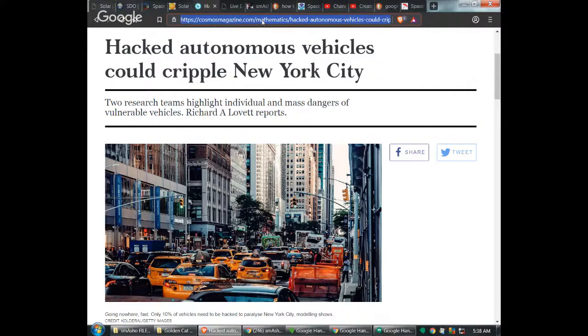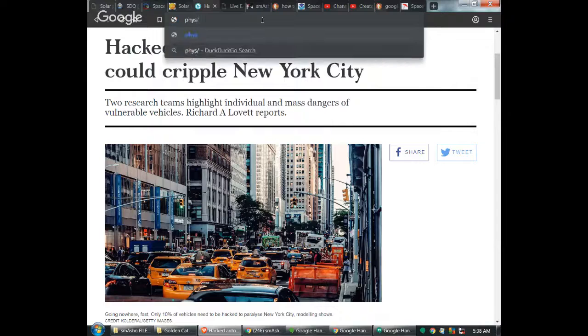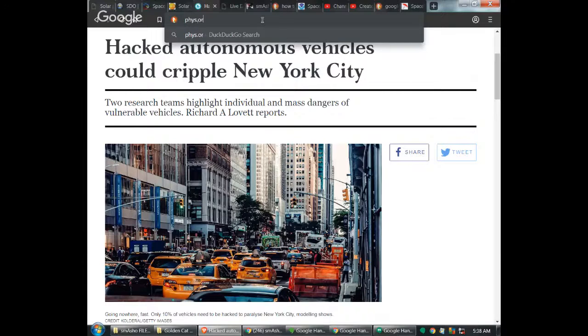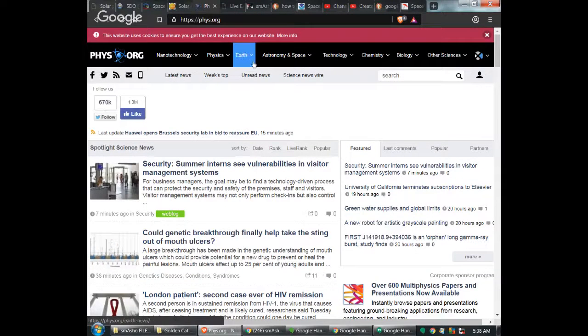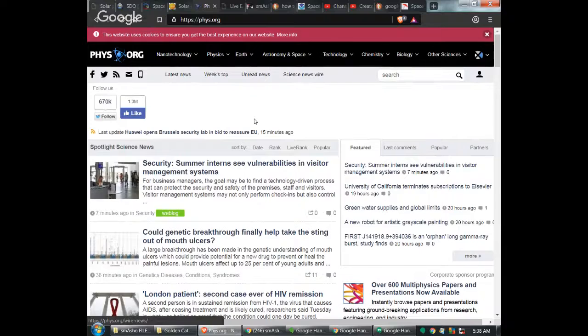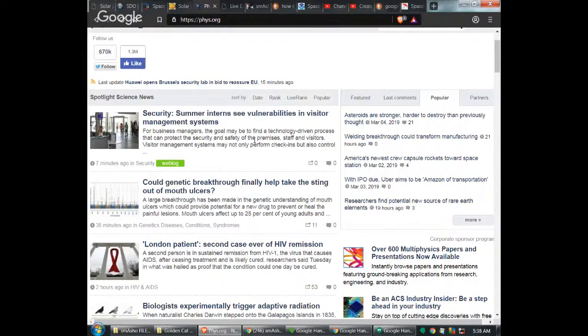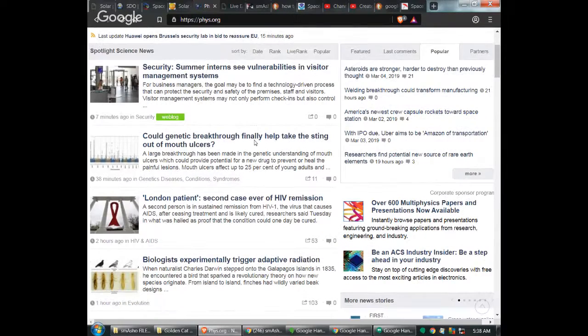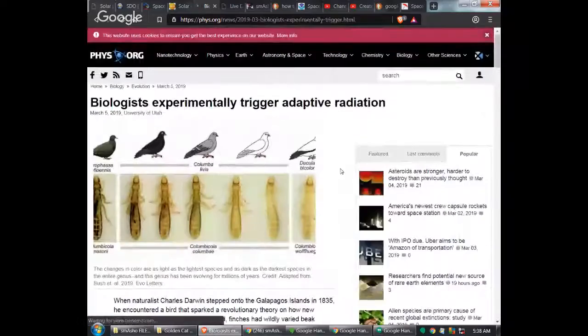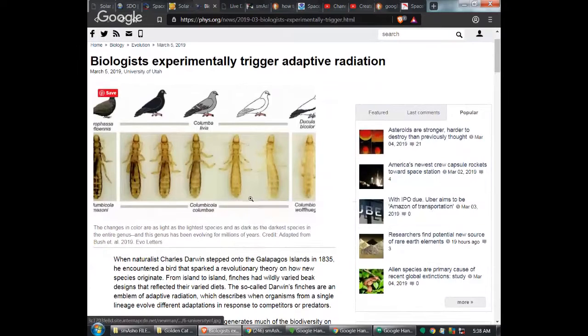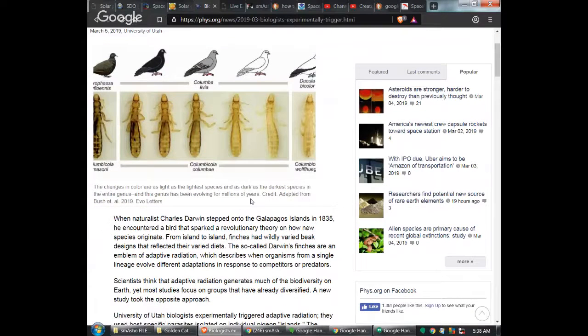Let's move on to phys.org, where we found some articles there that you may find interesting also. First one is about adaptive radiation. Well, what does that mean? Well, it turns out, and we're not talking about radiation, we're talking about the radiation of traits.